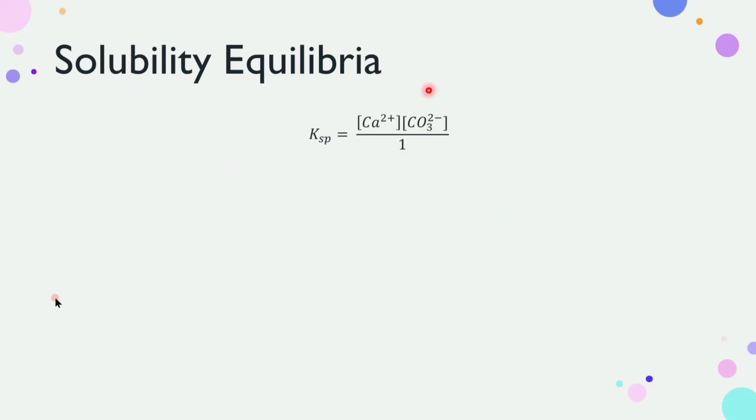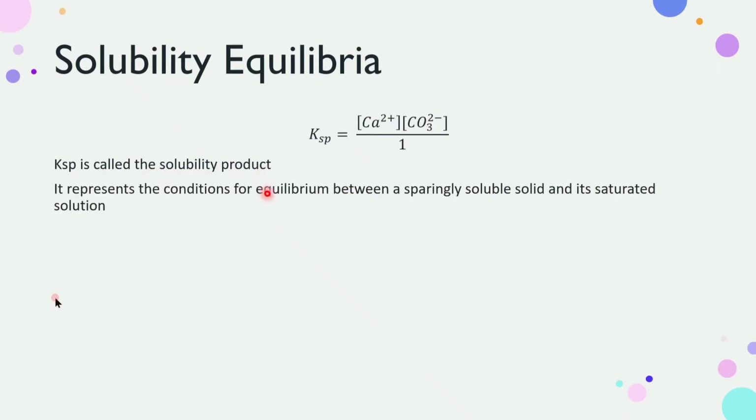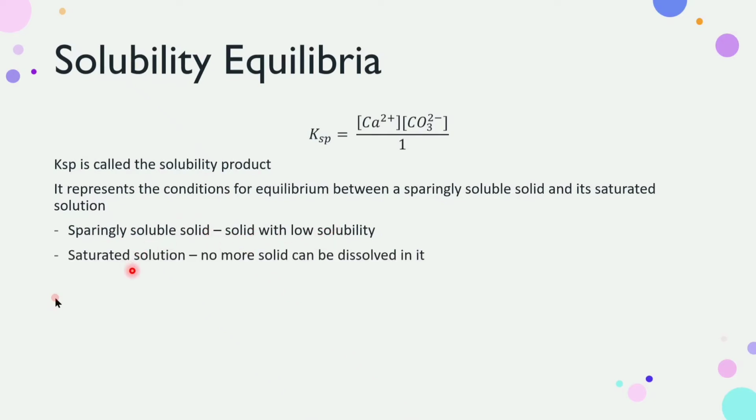Now we're going to be looking further into Ksp. So what is this equilibrium constant? This is called the solubility product, and it represents the conditions for equilibrium between a sparingly soluble solid and its saturated solution, and we'll look into what this means. Sparingly soluble solids are solids with a low solubility, and a saturated solution means that no more solid can be dissolved in it.